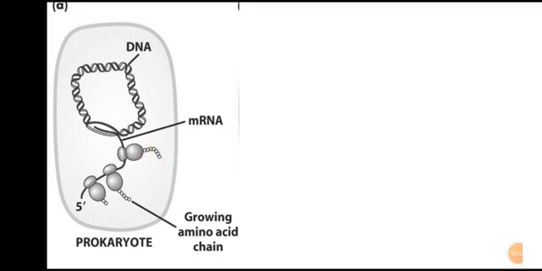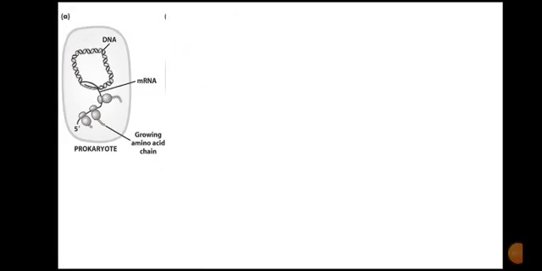So briefly it is shown in this diagram. This is the whole process of protein synthesis, which involves formation of mRNA, that is called transcription, and formation of this peptide chain, it is called translation. So this is in case of bacterial cell.